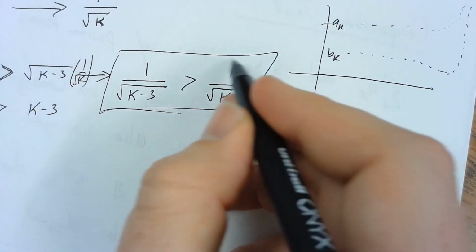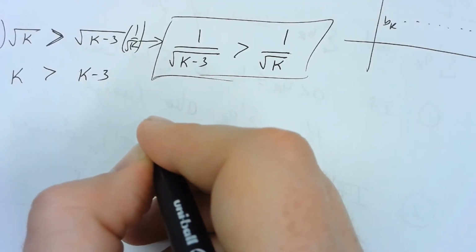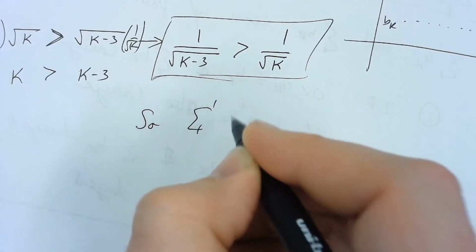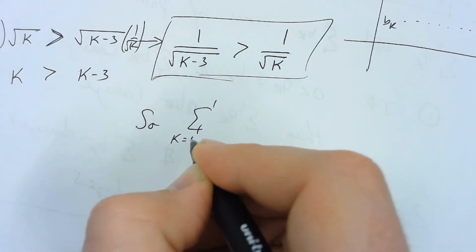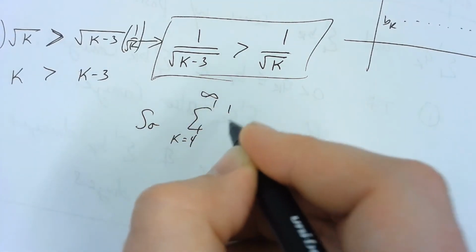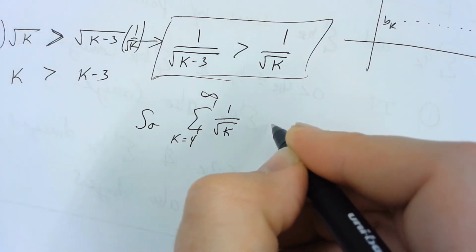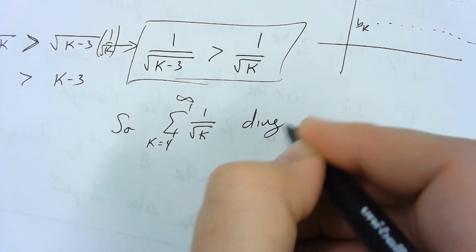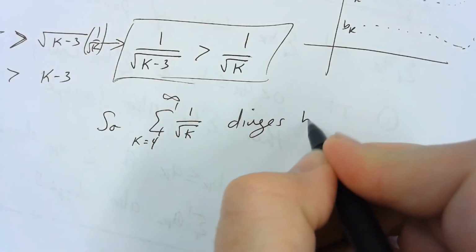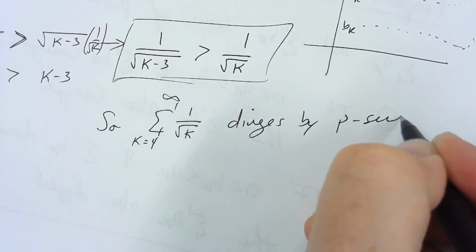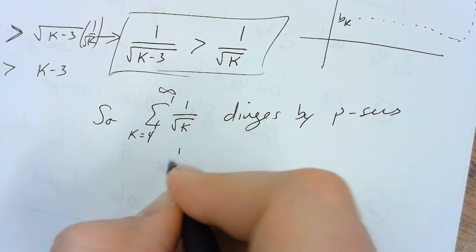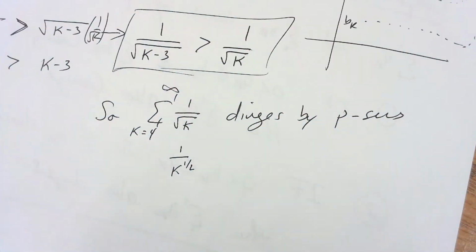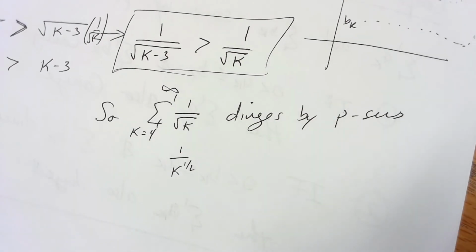So the idea is if I can prove that the sum from k equals 4 to infinity of 1 over the square root of k diverges, and I do know it diverges by a p series, because this is specifically 1 over k to the 1/2, and my p value is between 0 and 1, I know that I have divergence for a p series.